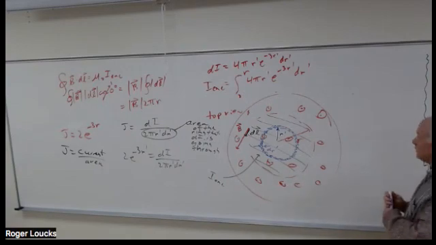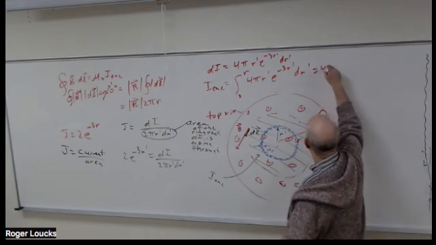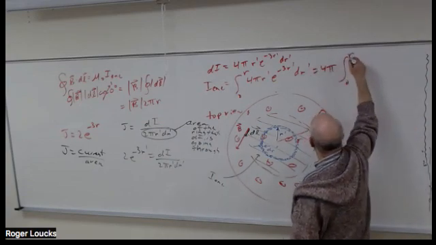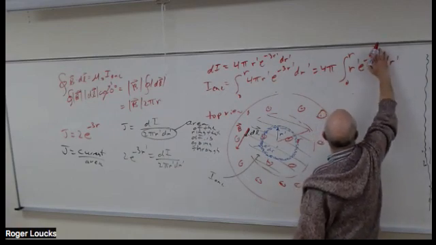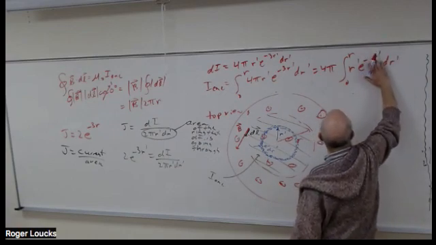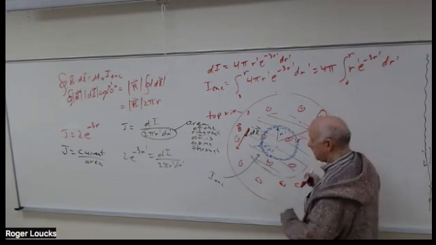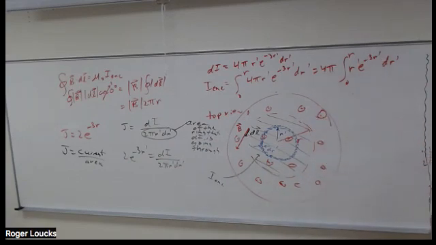Now, we are going to pull out the 4 pi by the property of pulling out constants. And how do we do that? This is the most important integration technique you use in physics.